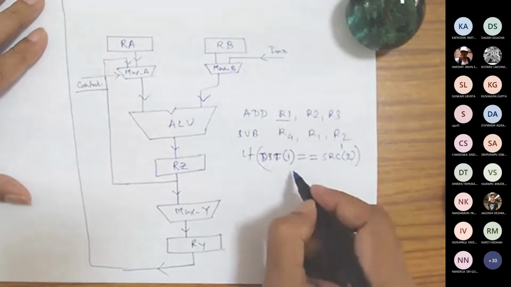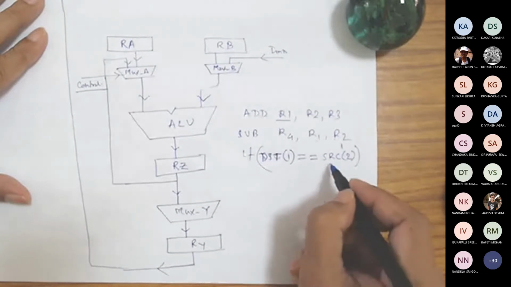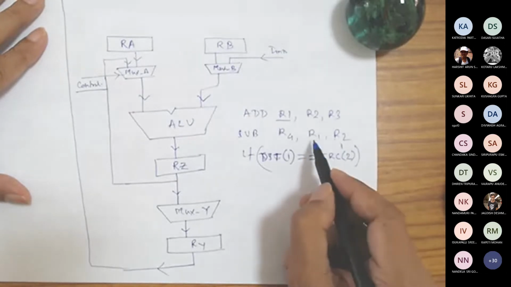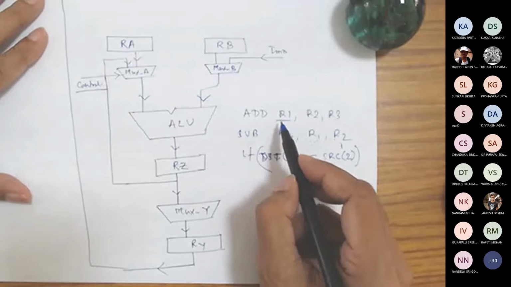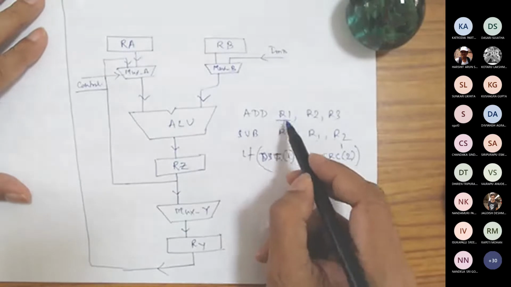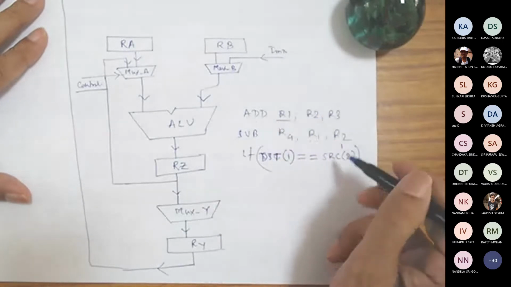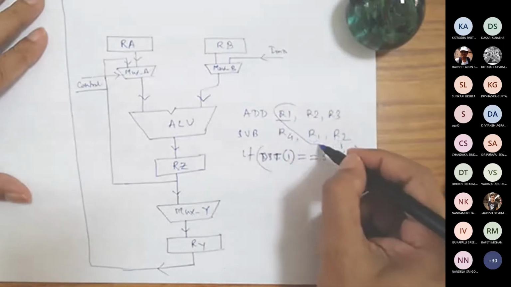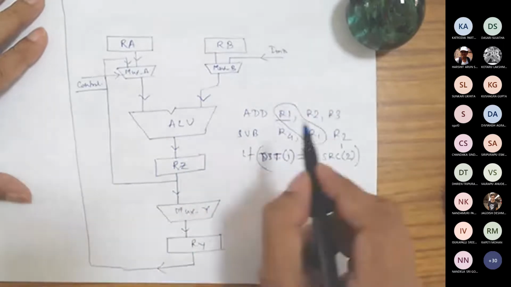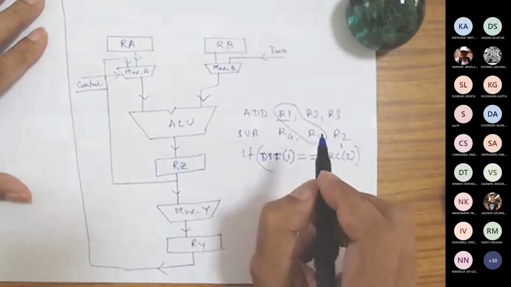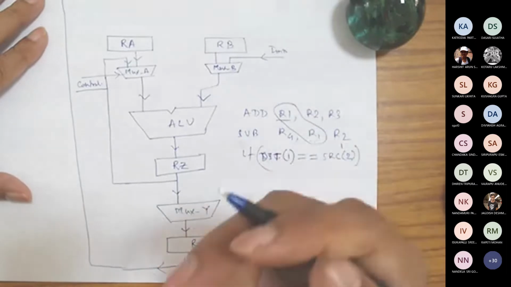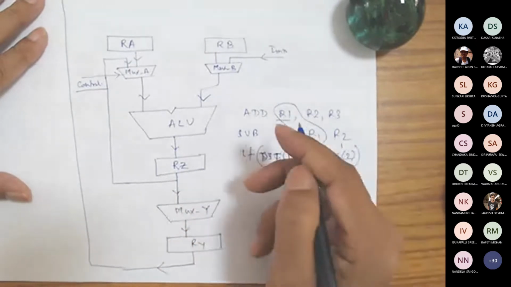If the source field of the second instruction has the same address as the destination field of the first instruction, then there is a match. That means these two registers are the same. I'm not talking about their values being the same. We are talking about these two being the same registers. How can they be identified?